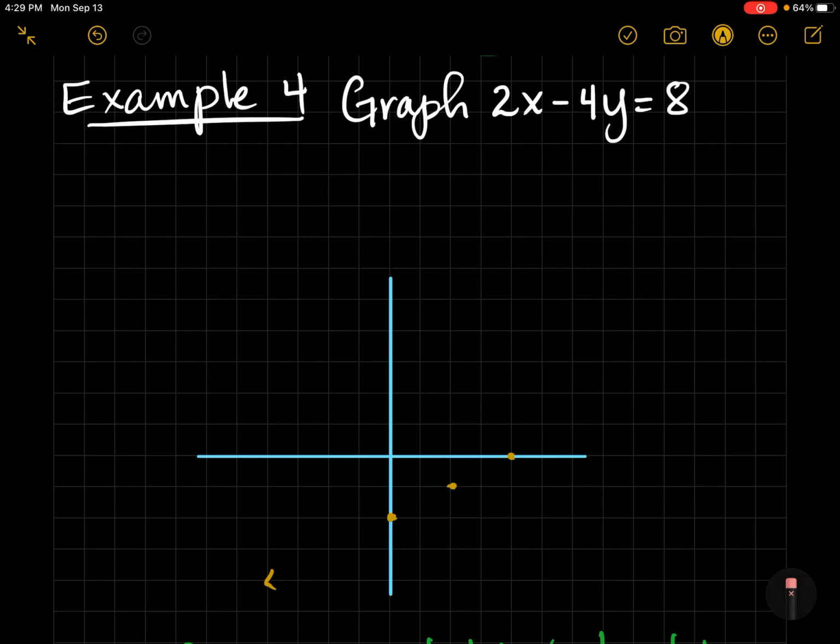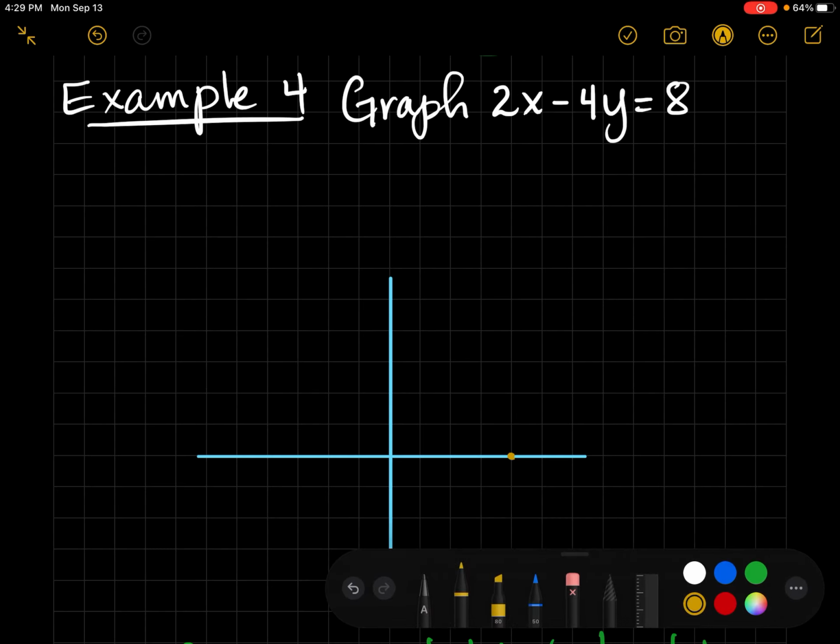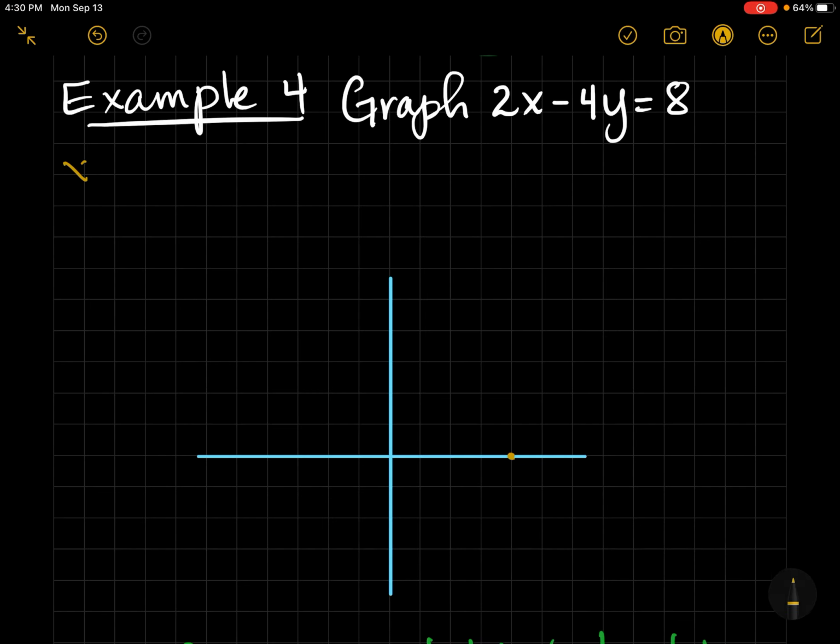I always like to teach concepts using simple problems. Okay, so let's go ahead and find the x-intercept. So to find the x-intercept, our directions said make y equal to 0 and solve for x.